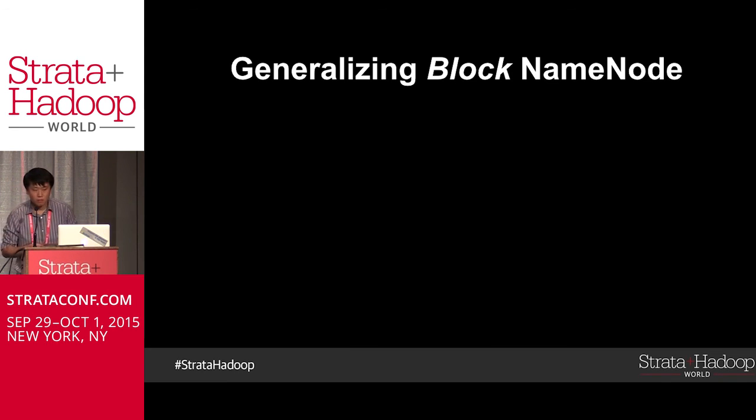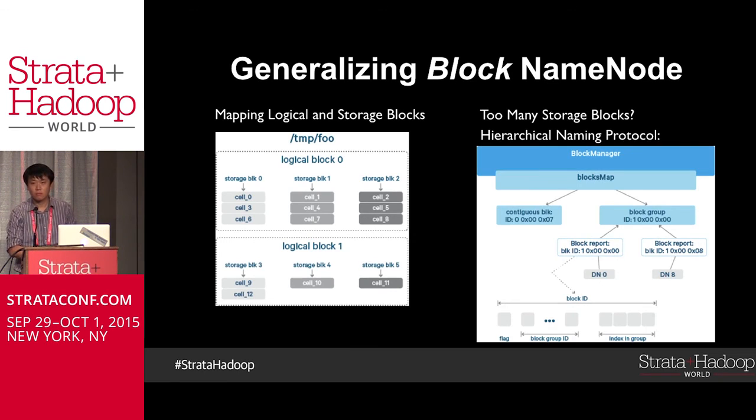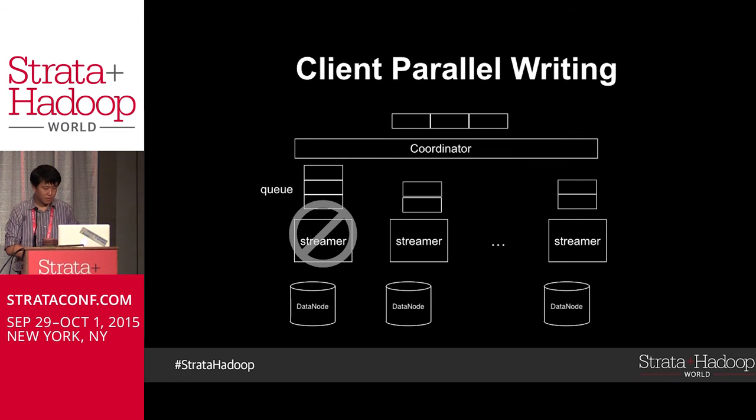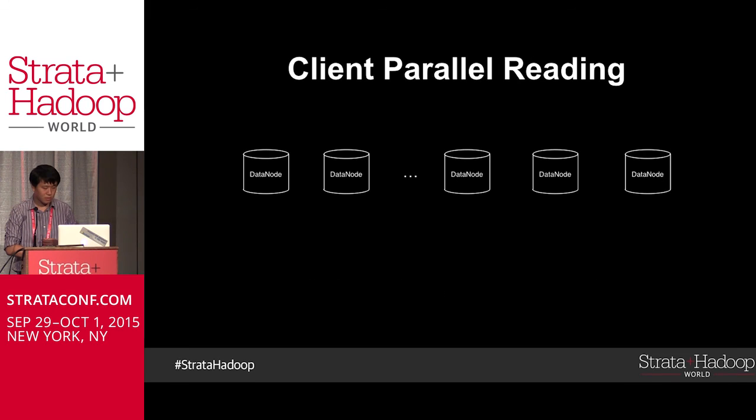For reading, you mentioned you have to ship some data around on the network. If I'm reading the first part, do I need to ship the parity to that node in order to read? The question is, in reading, do we need to read parity from remote? If there's no failure, then we don't need to. For a regular read, we just read data from the data node containing the data.